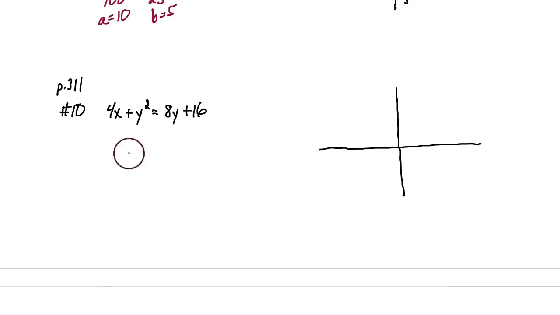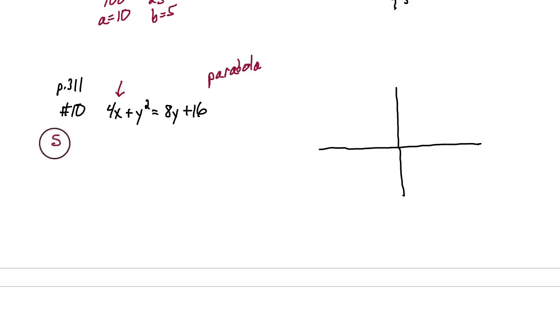Okay, next one. It's got a y squared in it, but just an x. That's the parabola. Let's rearrange this so it has the correct form for parabola. On the left side, we want to have the linear variable all by itself. We want to have the letter x by itself.